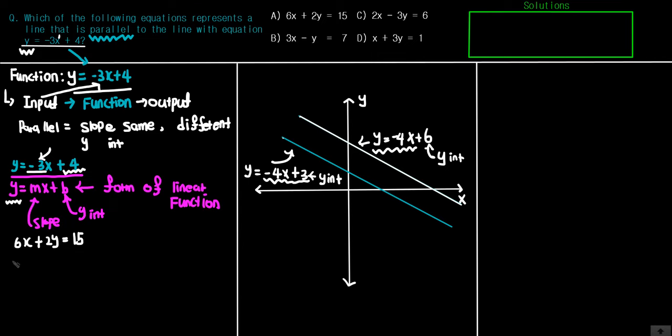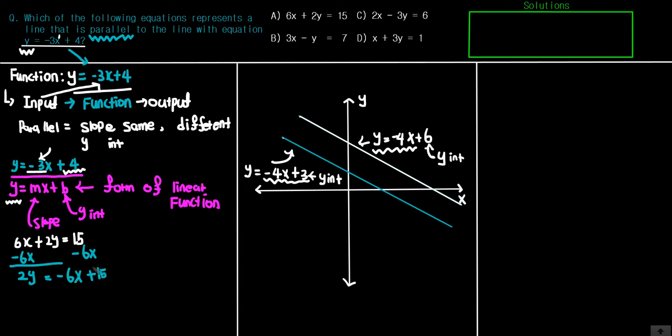If you subtract 6x from both sides to isolate the y term, then we get 2y is equal to negative 6x plus 15.